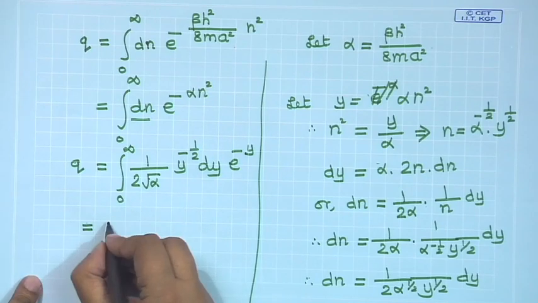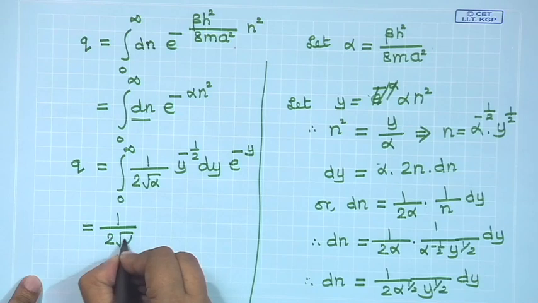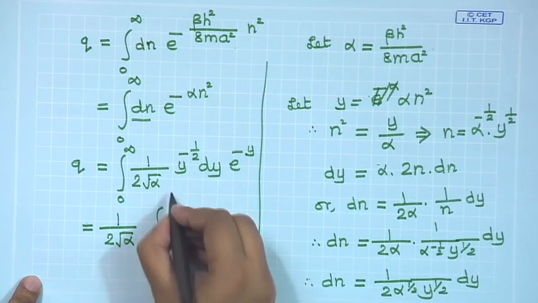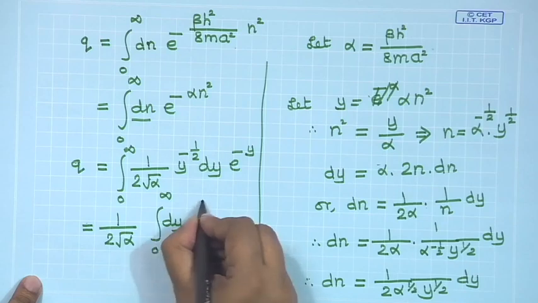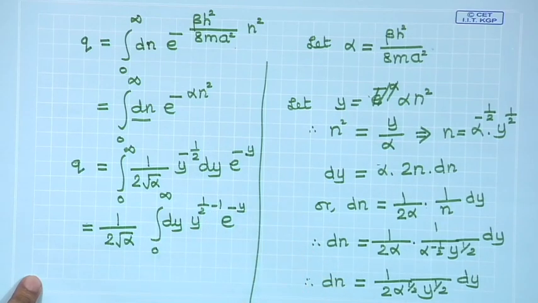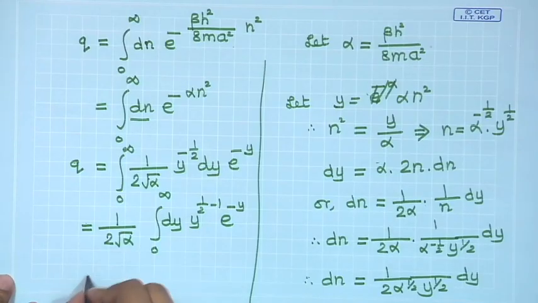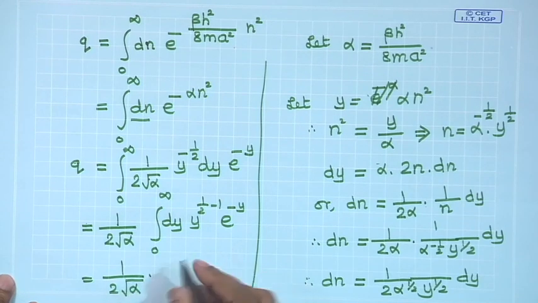So, this now turns out to be 1 by 2 into root alpha into the integral from 0 to infinity dy y to the power of half minus 1 into e to the power of minus y. By now, you must have learnt in your maths courses that this is nothing but 1 by 2 root alpha into gamma half.